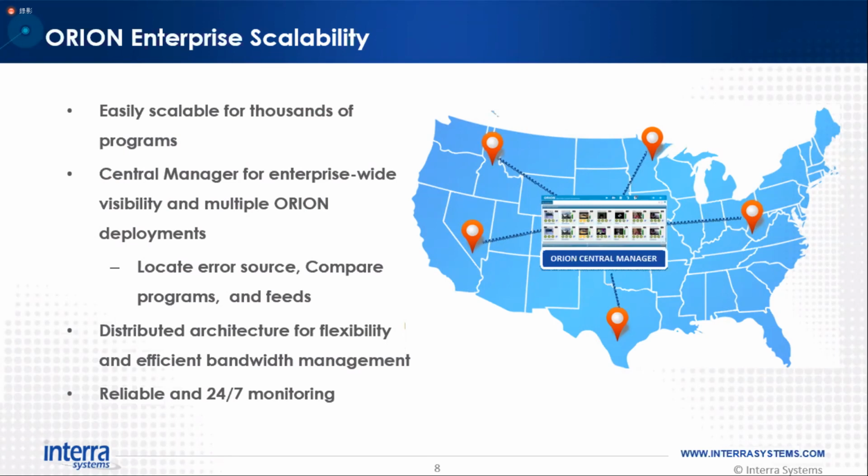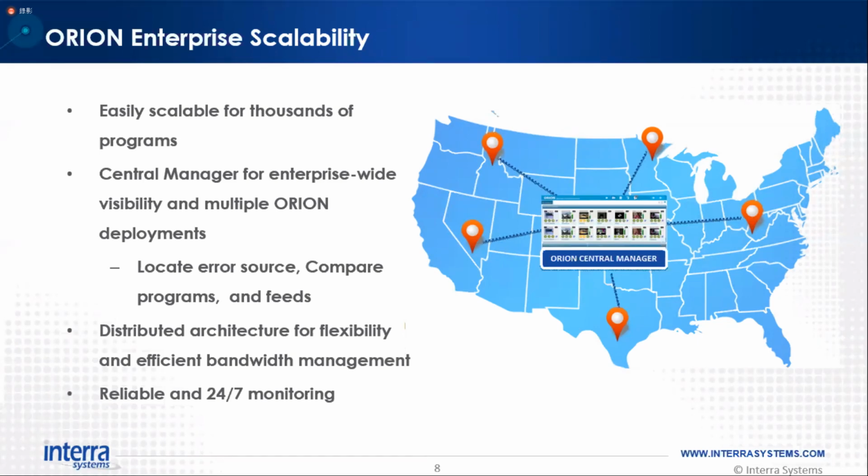The same setup can be used to monitor transport streams from multiple points as well, provided all those points are accessible from that setup. So for example, if you have an Orion setup in your head end and you want to monitor the output of the IRD, then the output of your transcoders, and even the output of your multiplexers, all of that can be done using a single setup as well.